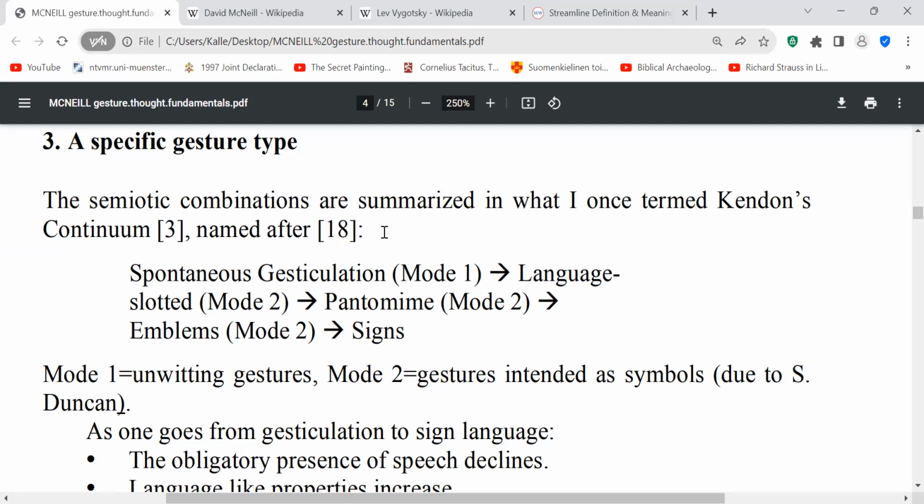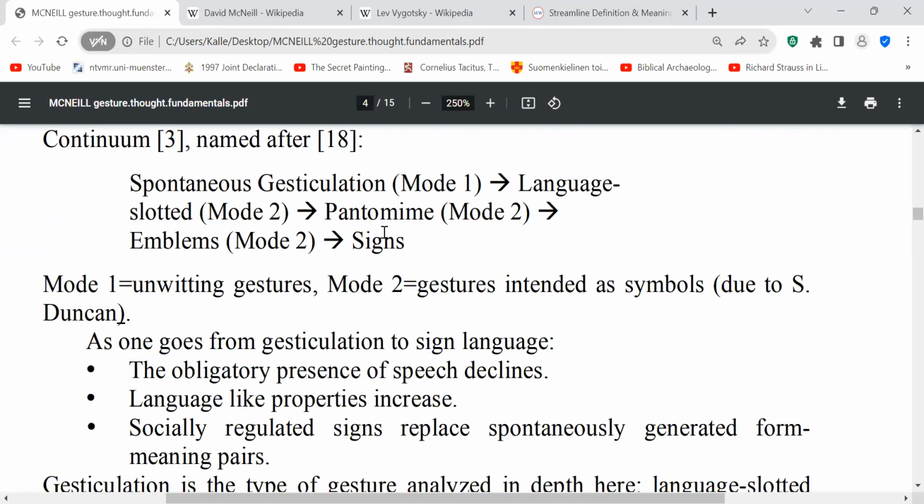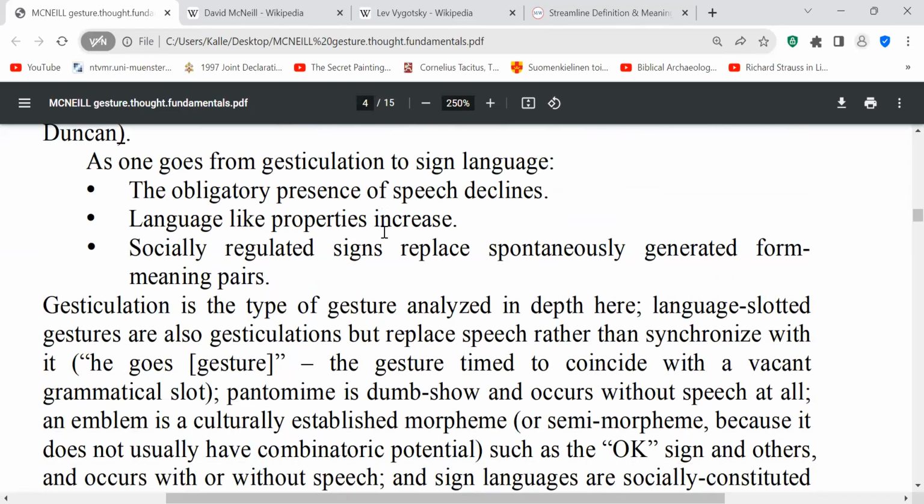Mode 1, unwitting gestures. Mode 2, gestures intended as symbols, due to S. Duncan. As one goes from gesticulation to sign language, first, the obligatory presence of speech declines.